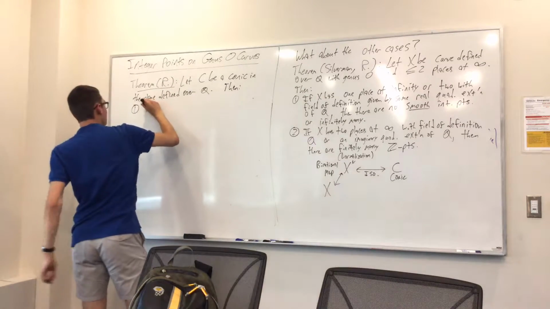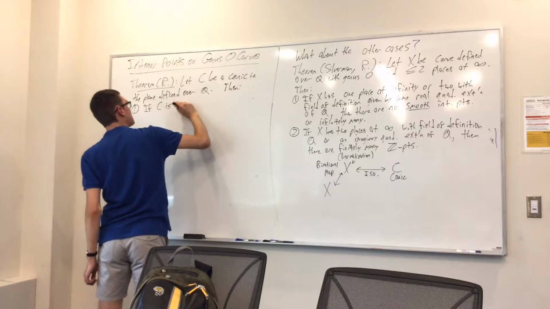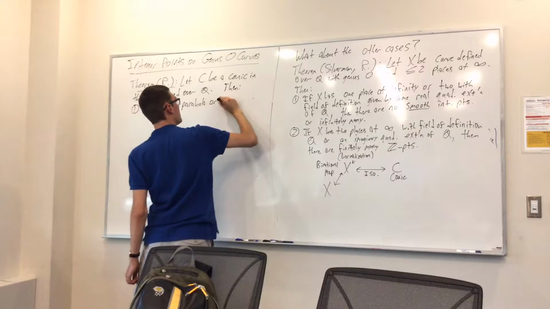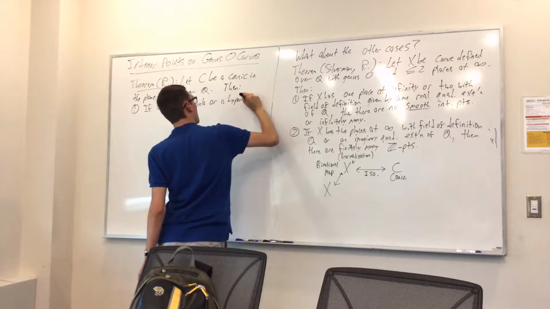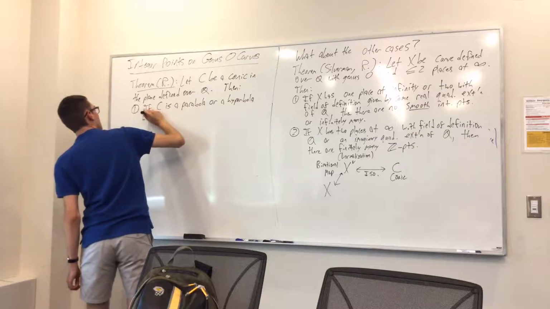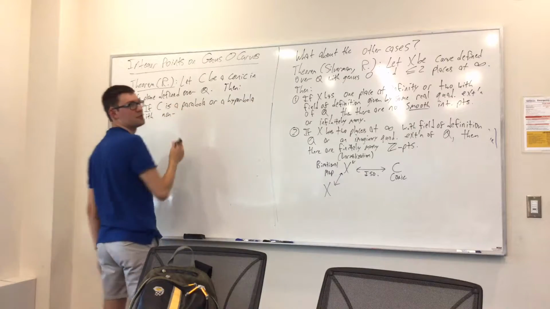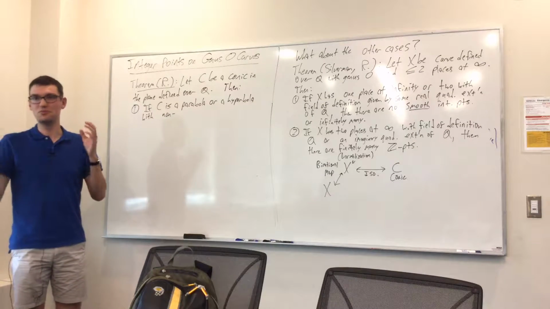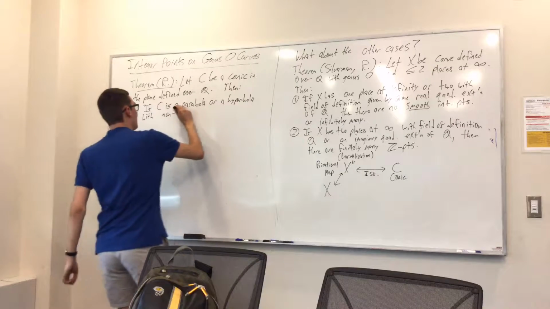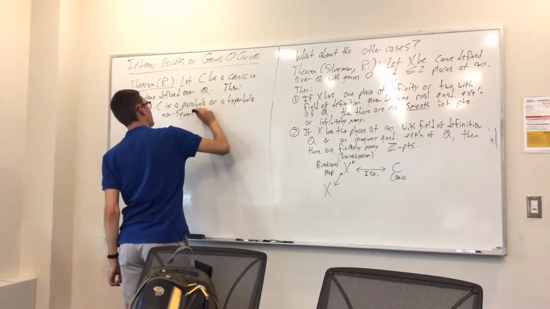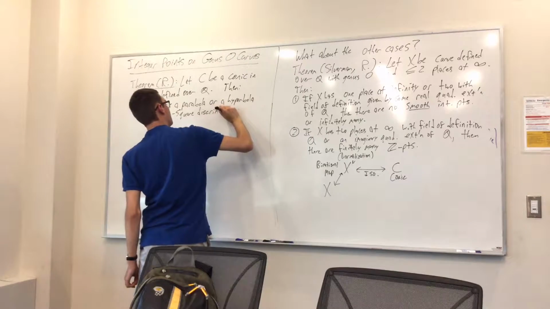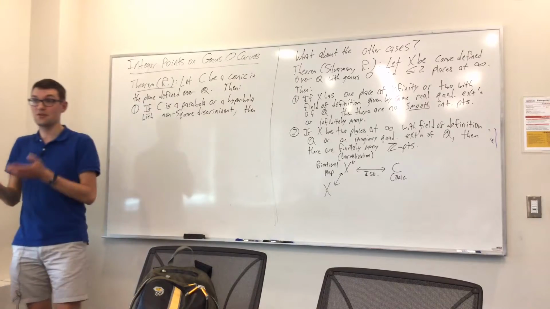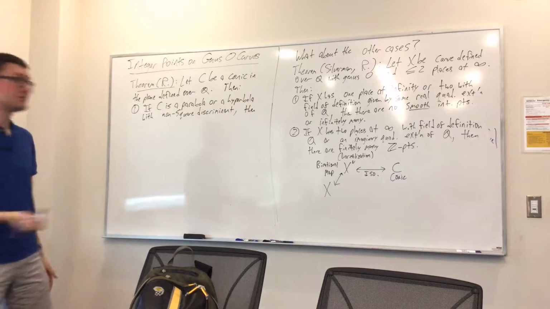So if C is a parabola, or a hyperbola with a non-square discriminant, so if all this terminology I'm throwing at you is unfamiliar, I'm going to give you a lowdown on conics after I'm done here. Then the behavior is we have either no integer points or infinitely many.